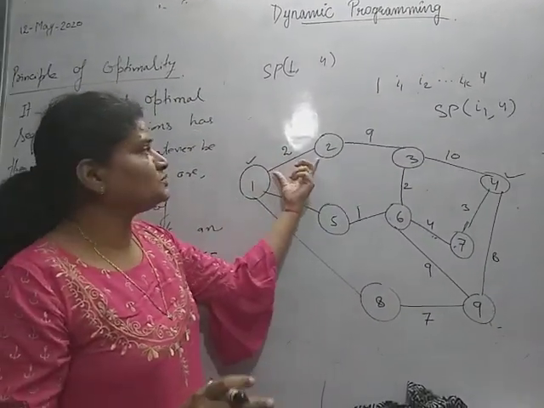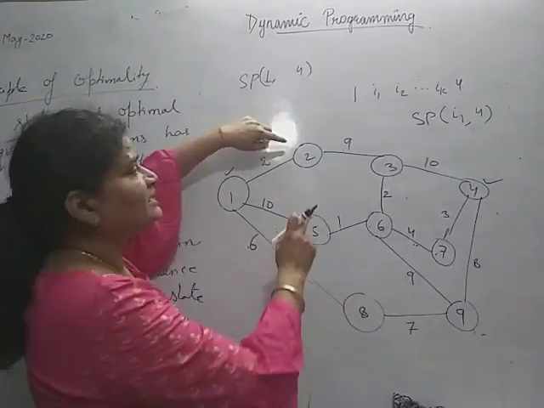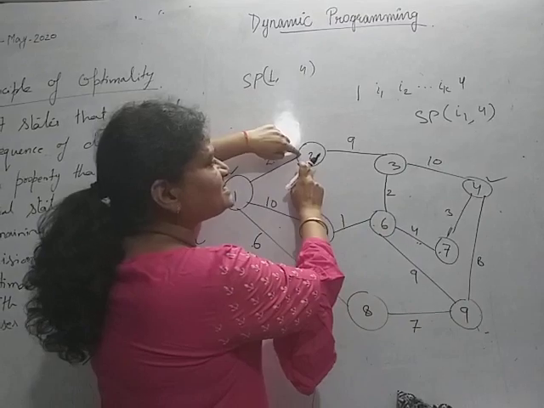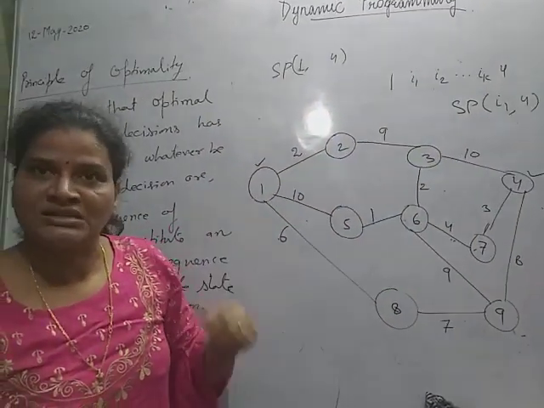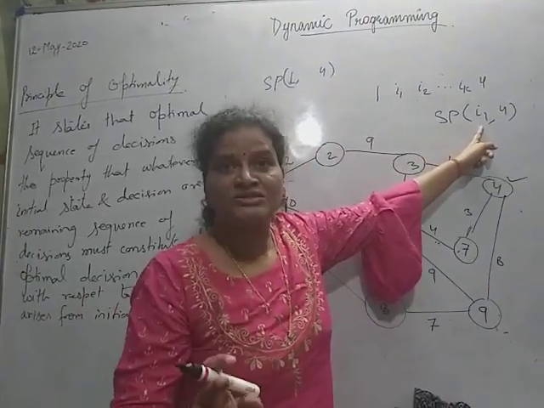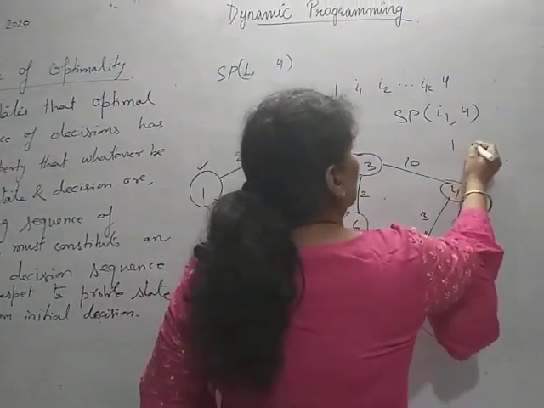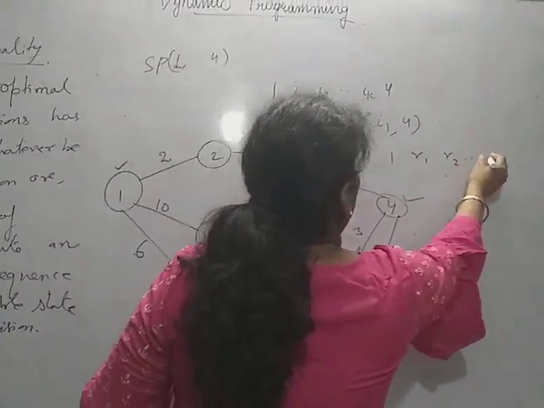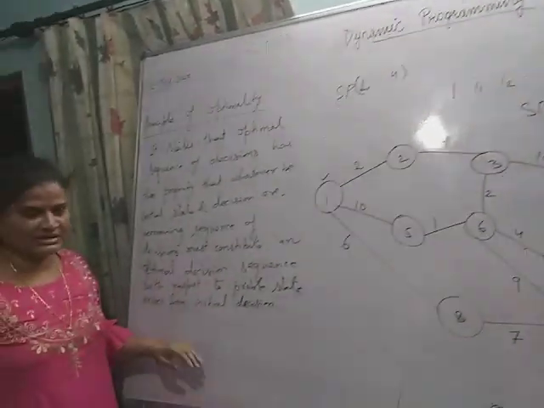Then the decision from 1 to 2 will be correct if the remaining decisions from 2 to 4 constitute an optimal solution. And if I1 to 4 is not a shortest path, then we consider another sequence like 1, R1, R2, and so on, RK, 4. This is the principle of optimality.